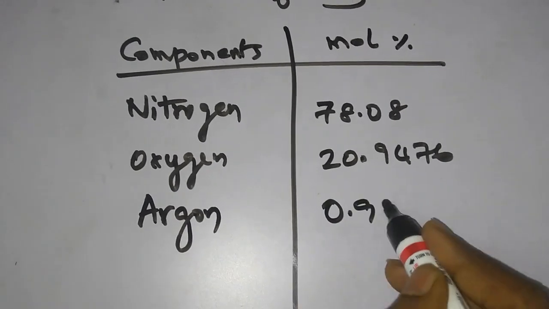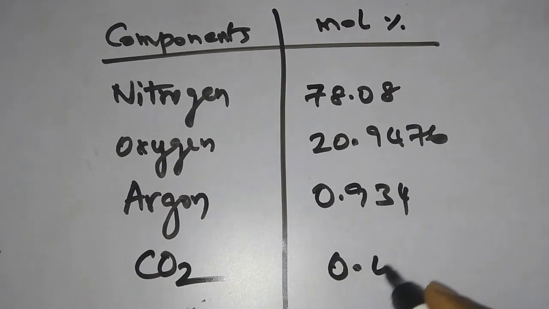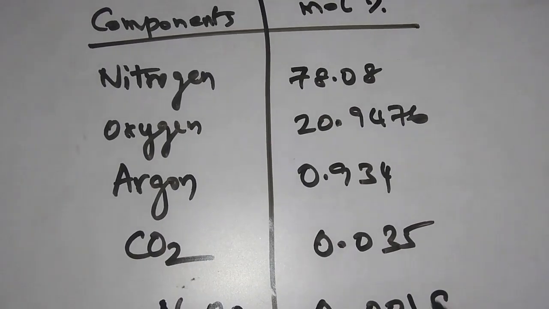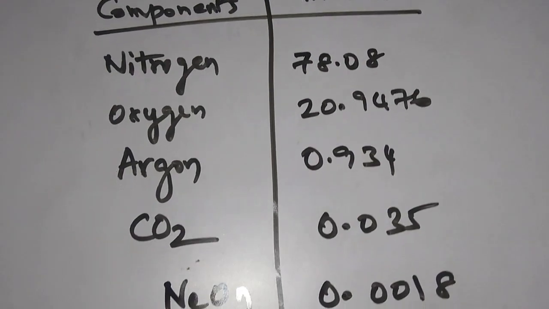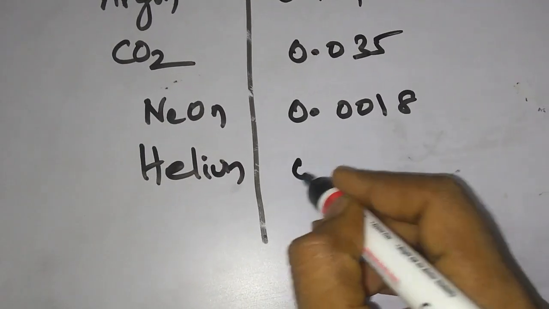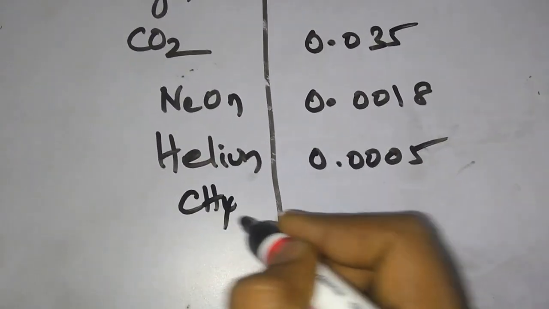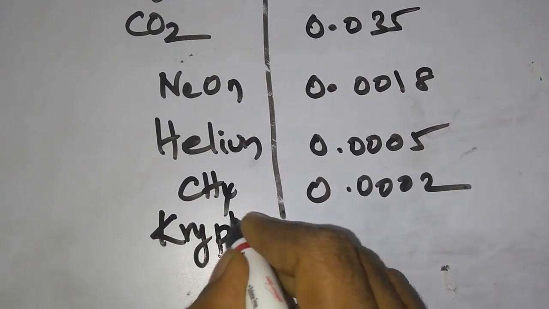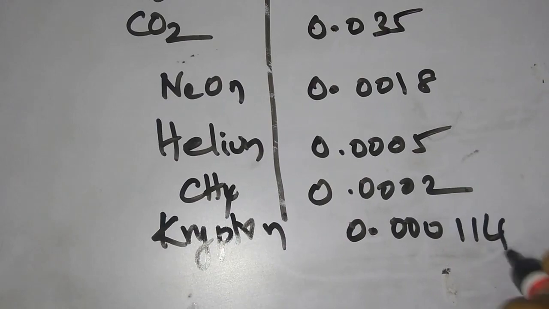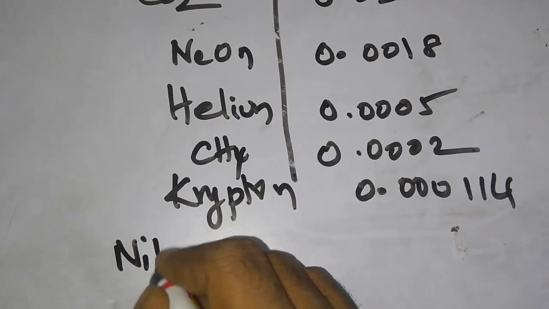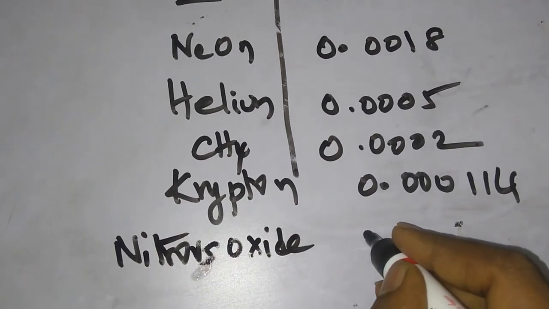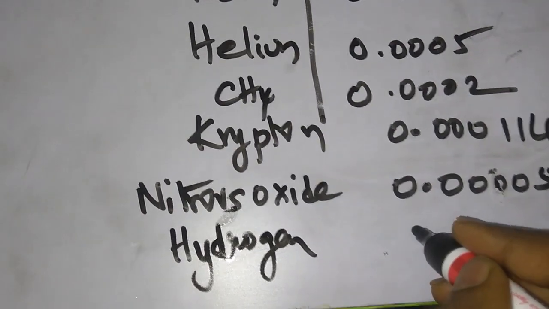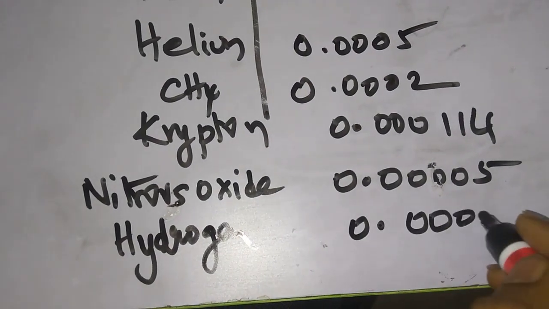argon 0.934, carbon dioxide 0.035, neon 0.0018, helium 0.0005, methane 0.002, krypton 0.000114, nitrous oxide 0.0005, hydrogen 0.0005.